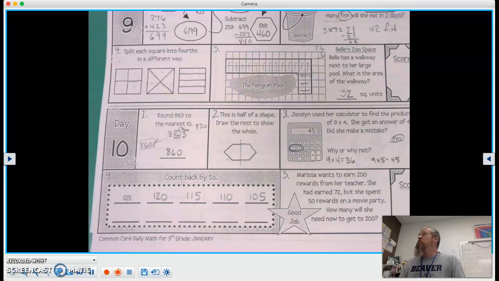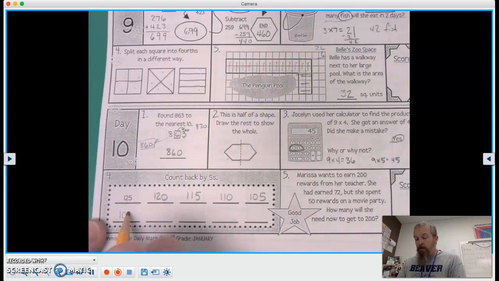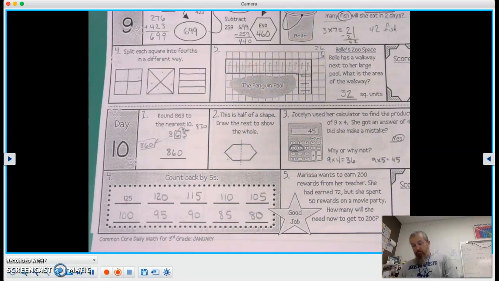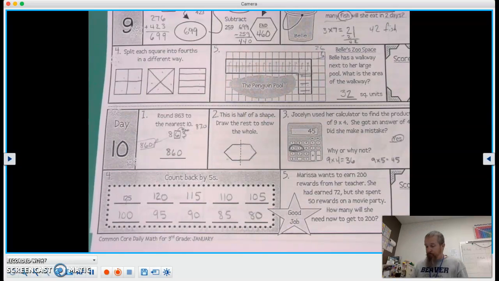And each one of those is the open square or circle. If it ends in a 1, a 2, a 3, a 4, a 6, 7, 8, or 9, it's filled in. But if it ends in a 5 or a 0, it's open. So we go 100, 95, 90, 85, 80, and all the way back to 0 if we wanted.